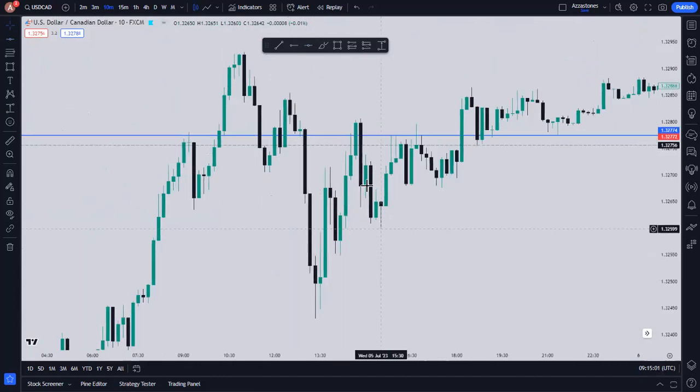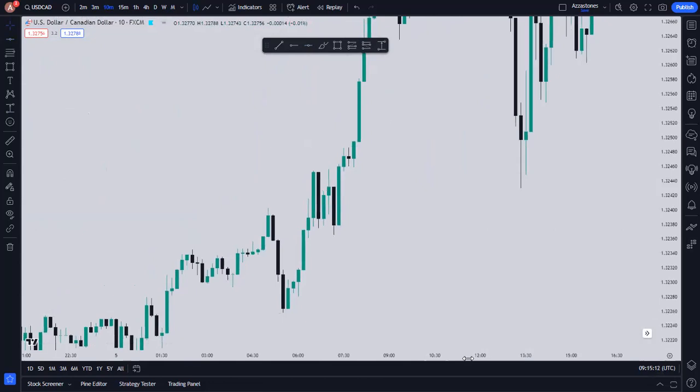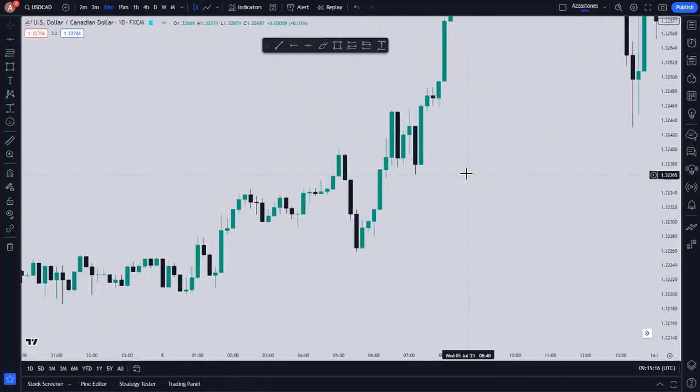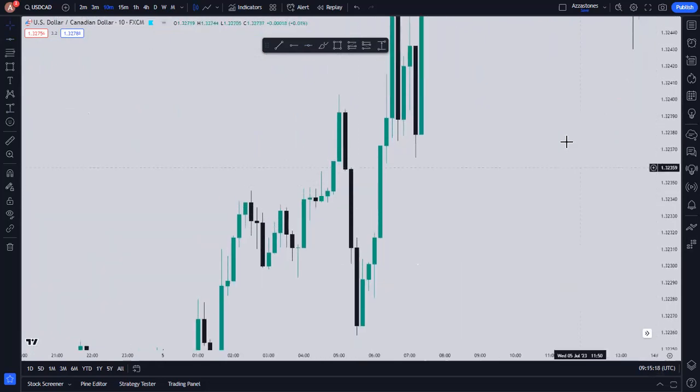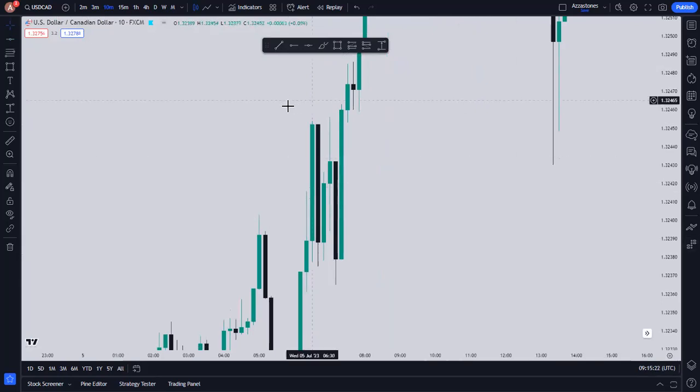If you come here, you can't see anything until you come to this point here. If you come to this point, you see that this was high, this was low, this was high.